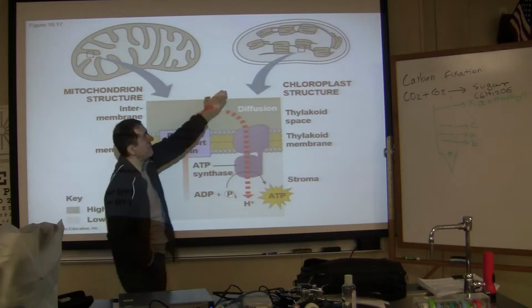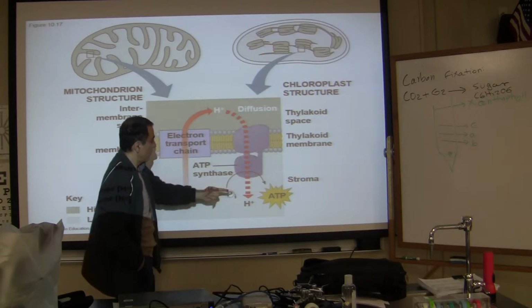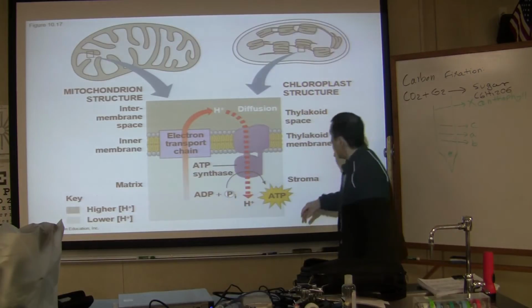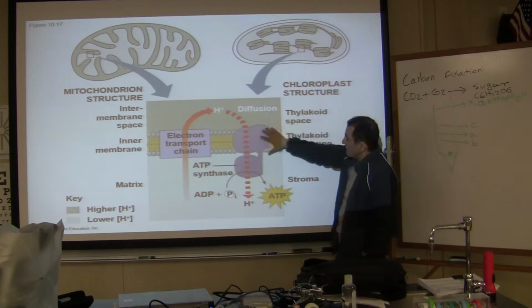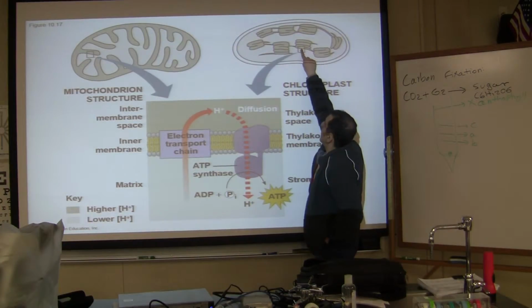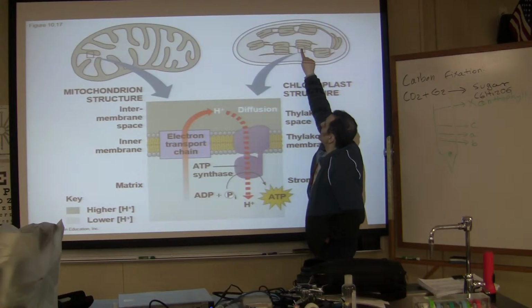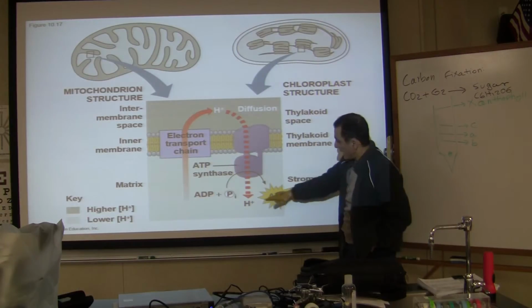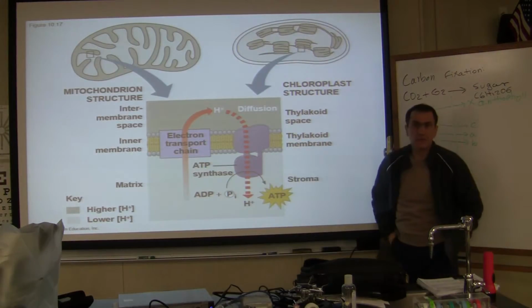Now, what happens here in chloroplast? Same thing again. This is the thylakoid, and of course the ATPase or ATP synthase is right here. And then you have a lot of hydrogens here. These hydrogens go through here and turn the ADP to ATP.